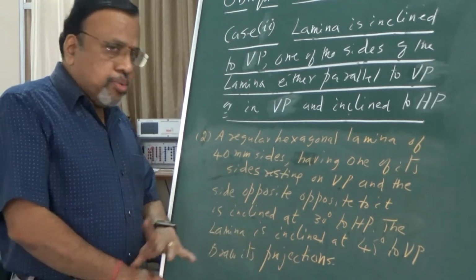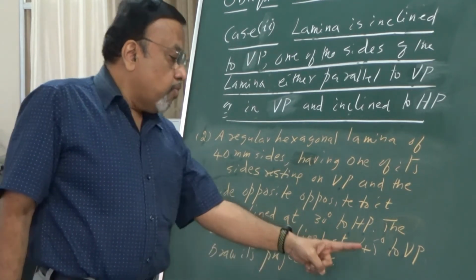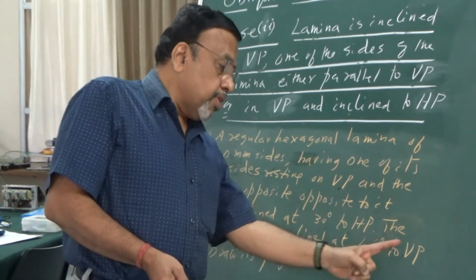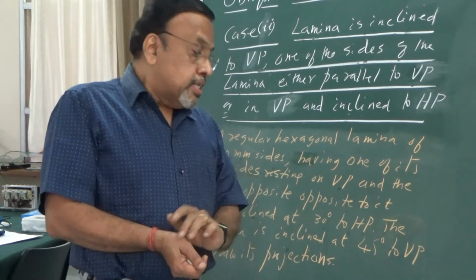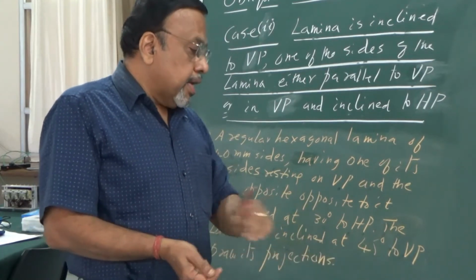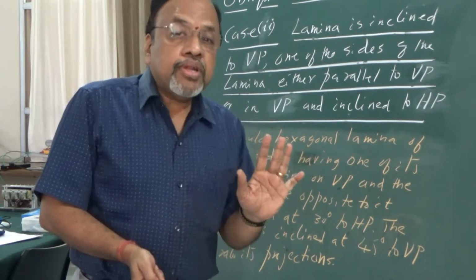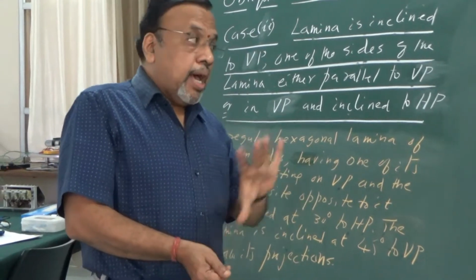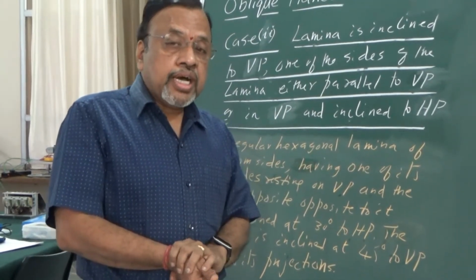In this problem, the lamina, that is the surface, is inclined at 45 to VP. Since the lamina is inclined at 45 to VP, initially I will assume the lamina to be parallel to VP. Since the lamina is parallel to VP, where do we see the true shape and size?